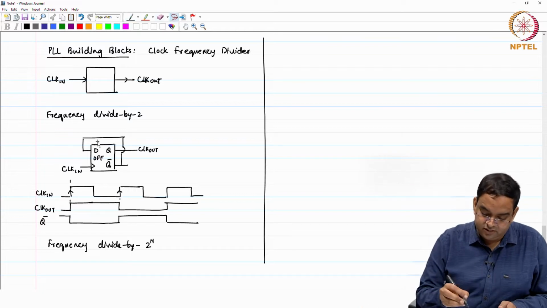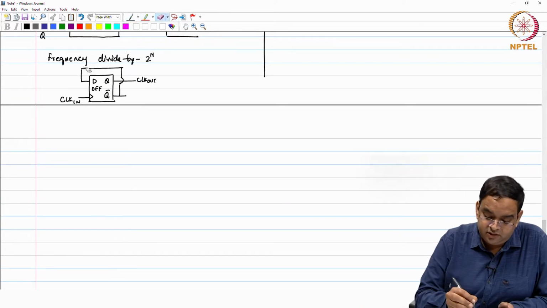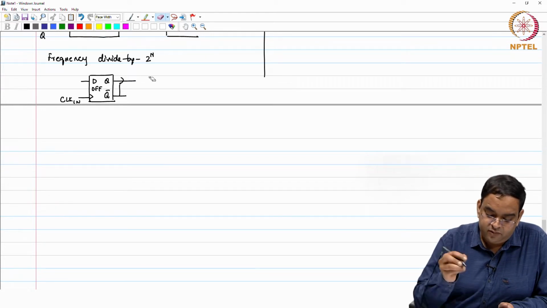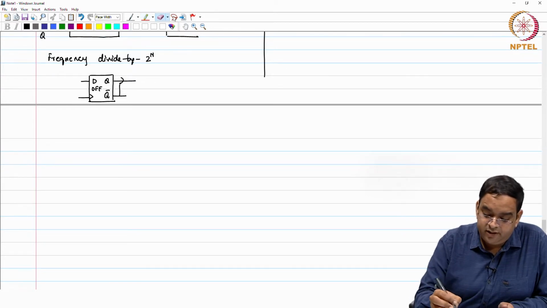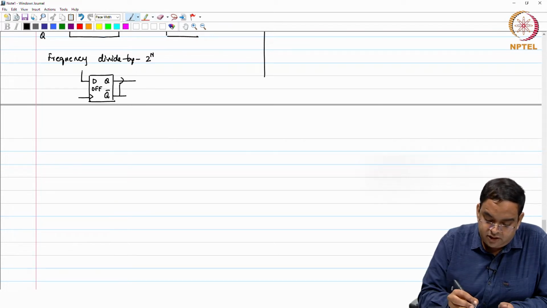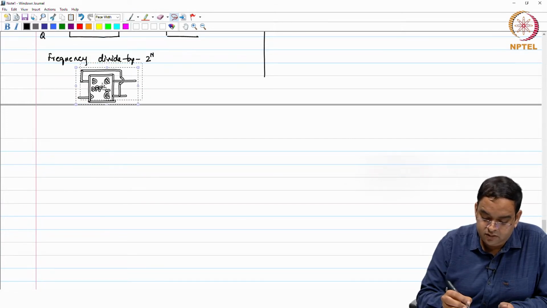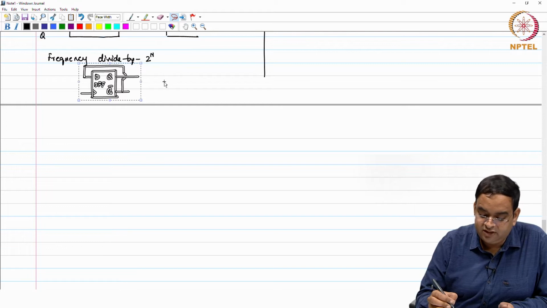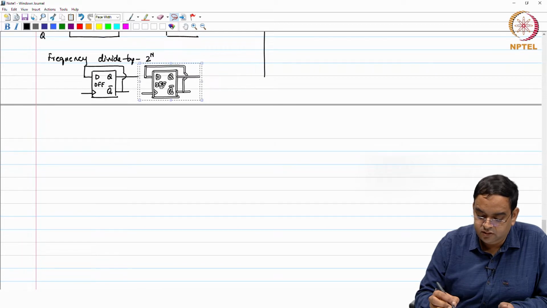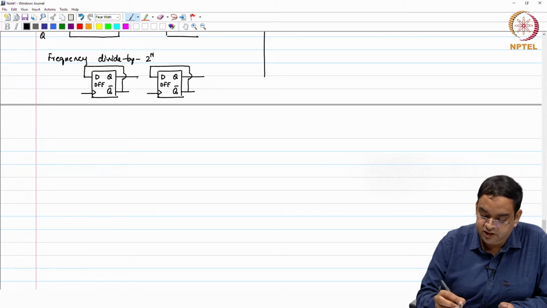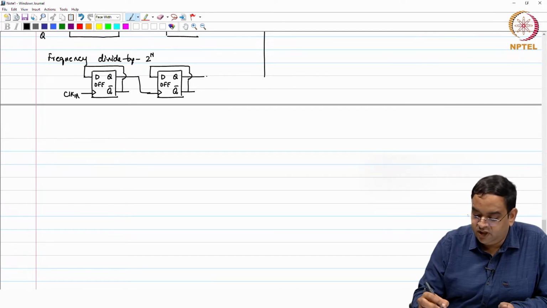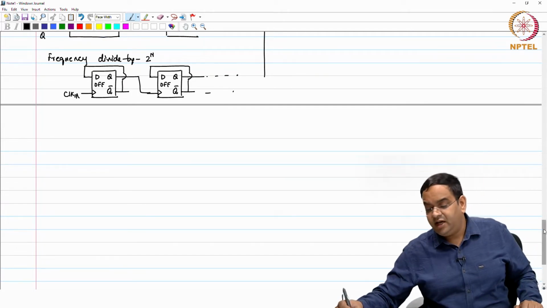So, I will just erase this part a bit, remove this also and connect the smaller clock, and I am going to cascade this. So this connection has to go like this. This is clock in, and similarly you can keep on going to have divide by 2 or divide by 4 and so on.